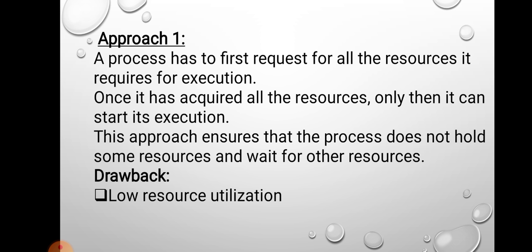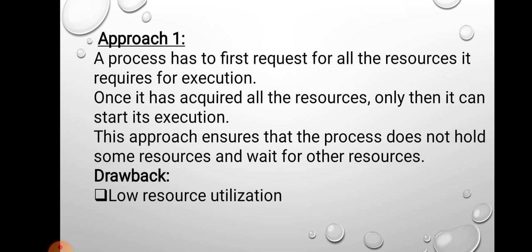Suppose a process is not holding any other resources, then only do we give it permission to request resources. A process may request some resources and use them.